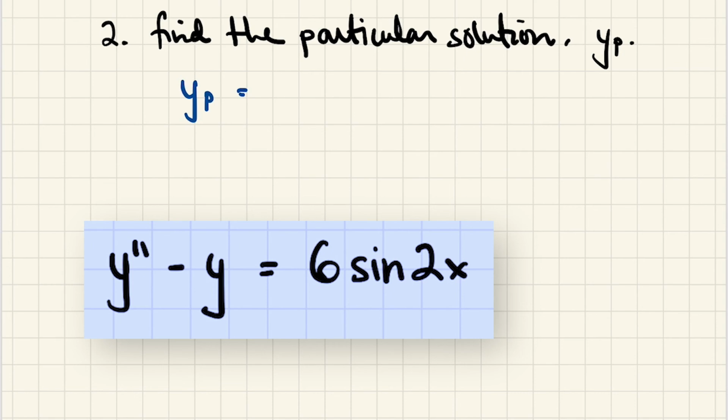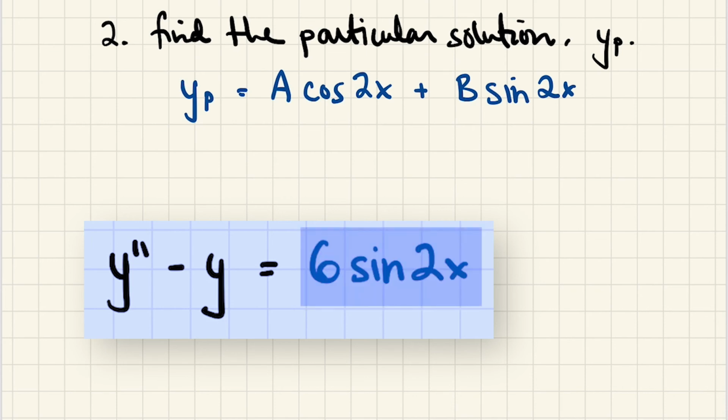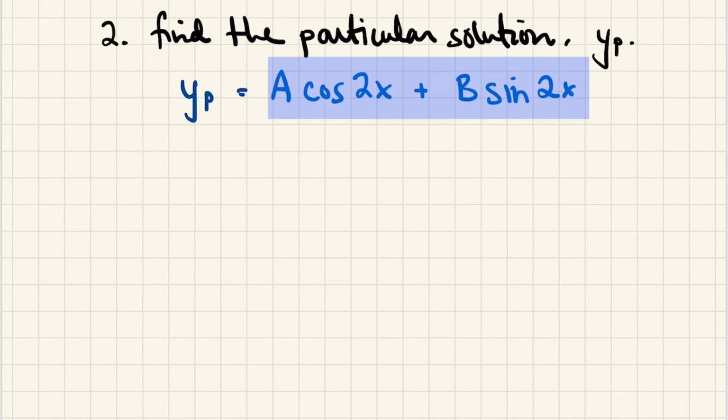So we're going to say some unknown coefficient A times cosine of 2x plus capital B times sine of 2x. This would be the case regardless of whether the right-hand side were a sine or a cosine, or even if both of them were present, we would still let this be our trial particular solution.